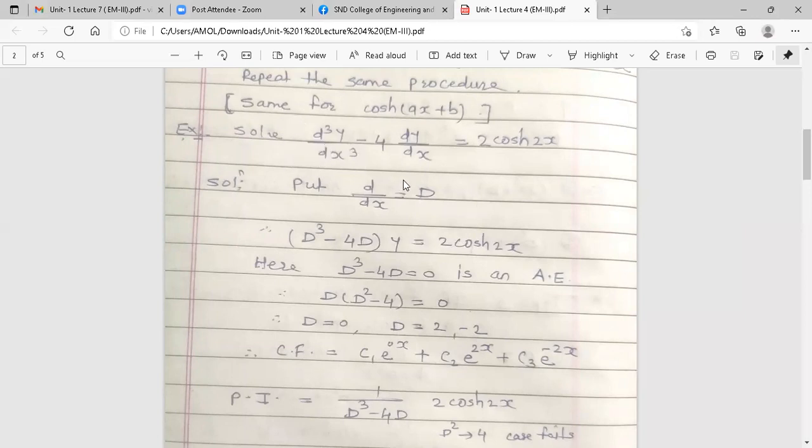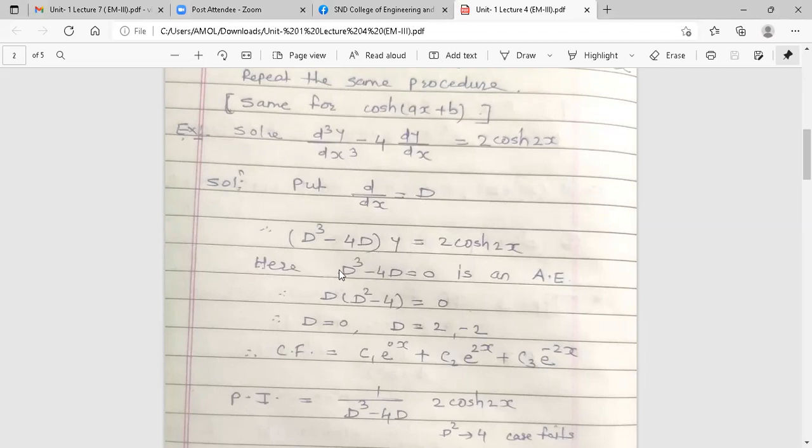So your LHS reduces to D cube minus 4, and d by dx is D, so replace it by D. In both the terms y is common, so you take it common, equal to the RHS as it is, 2 into cos 2x.